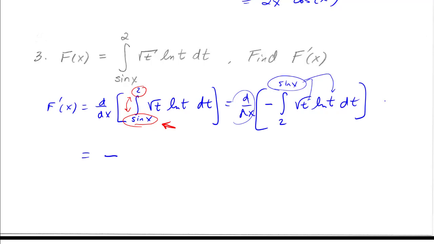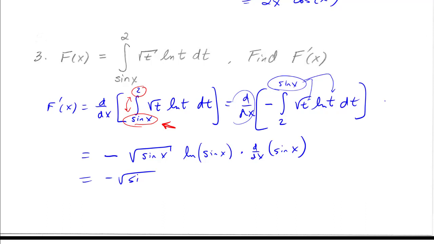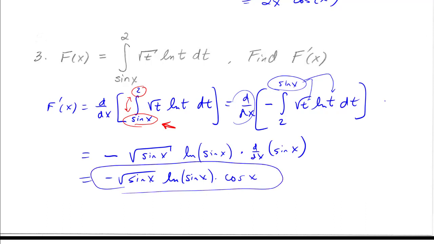All right, so we get negative square root of sine x ln sine x times the derivative of sine x, which is cosine x. So that's it. There is our end result.